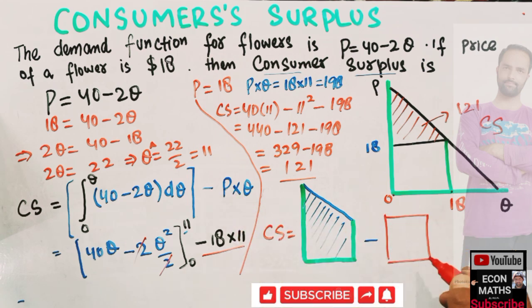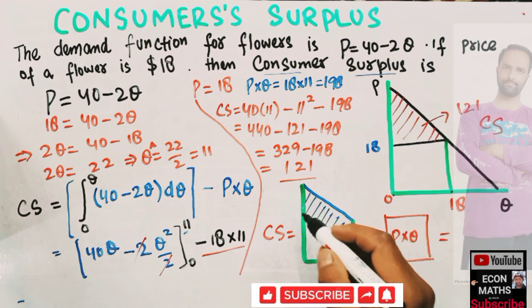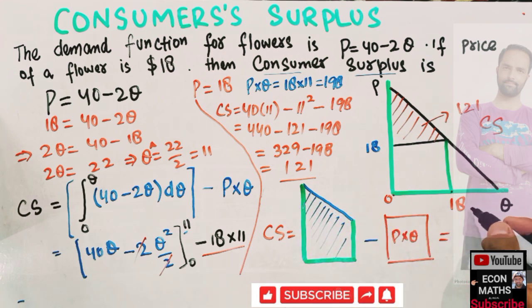This is our P into Q, and when we subtract this rectangle, or quadrilateral, from this trapezoid-looking shape, we will get this upper area, that is this triangle. So this is the graphical interpretation of consumer surplus.